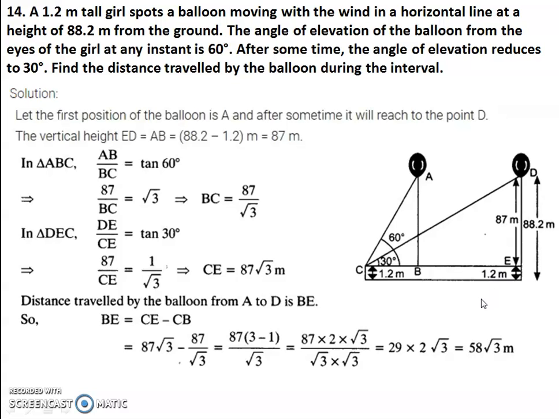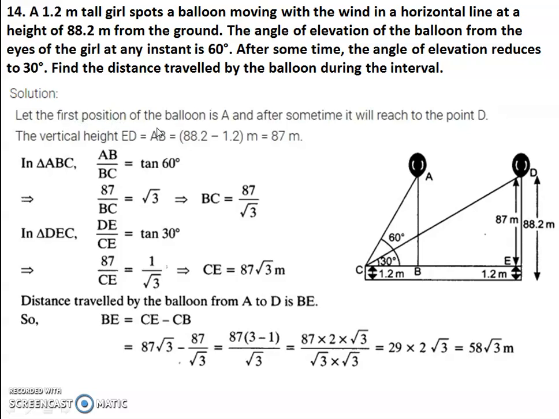Is that clear? The angle of elevation of the balloon from the eyes of the girl at any instant is 60 degree. Now, let us see the solution.